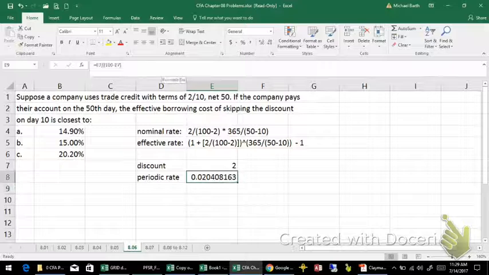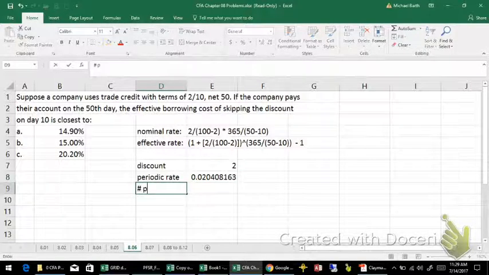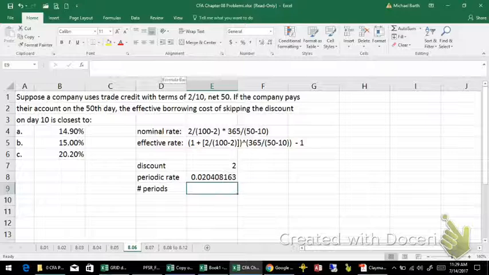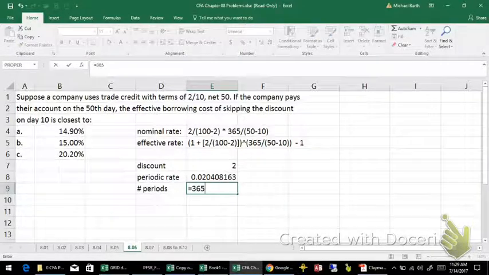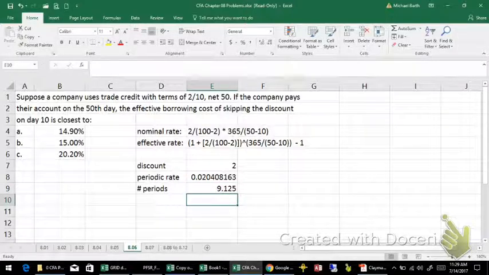So that's slightly over 2%, the equivalent interest rate, and then the number of periods would be 365 divided by 50 minus 10. So there's a little over 9 of those periods during a year.